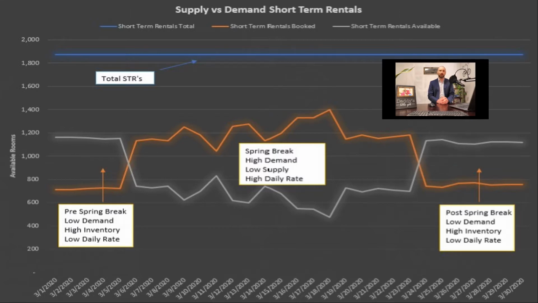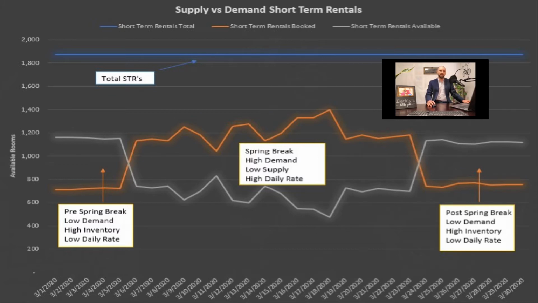As you can see by this chart, pre-spring break, there are about 1,200 available units. Total in the marketplace, if you look at the top of the chart, we've got about 1,850 short-term rentals in this market. And of those, you've got about 700 booked and about 1,200 are available.